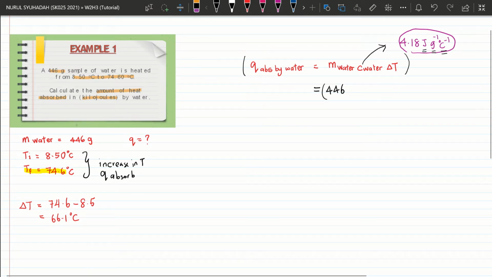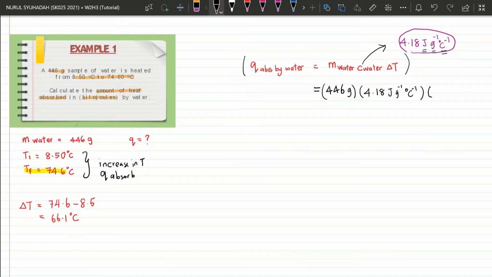Let me show you one example here with all the units. Mass of water in gram, specific heat capacity of water, which is given in your list of constants. If it's not given, memorize this value. This is the only value for water: 4.18 joule per gram per degree Celsius. And then the delta T. For the delta T as well, make sure that the unit is the same.